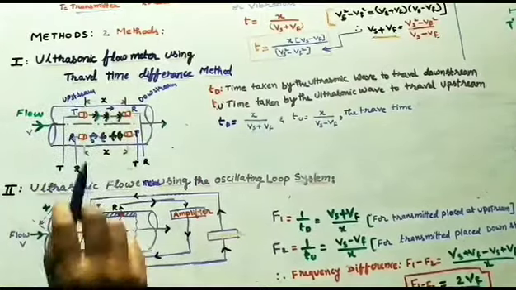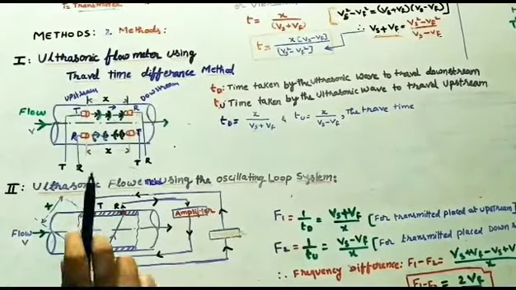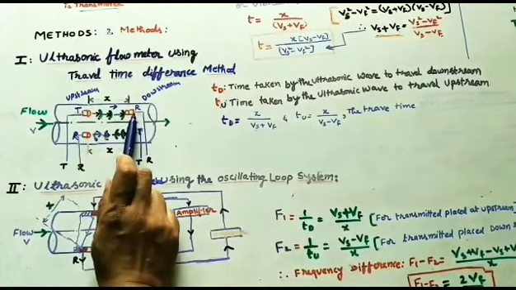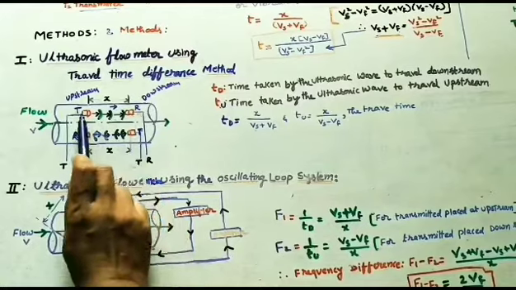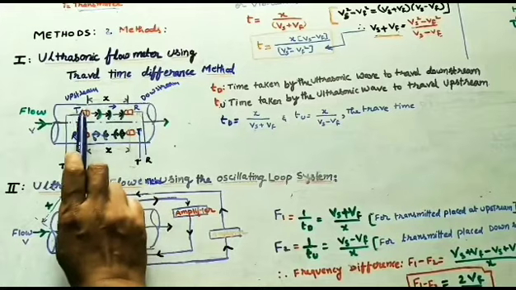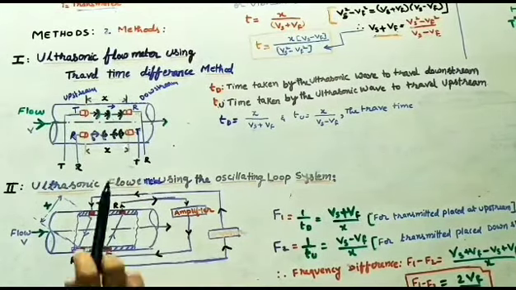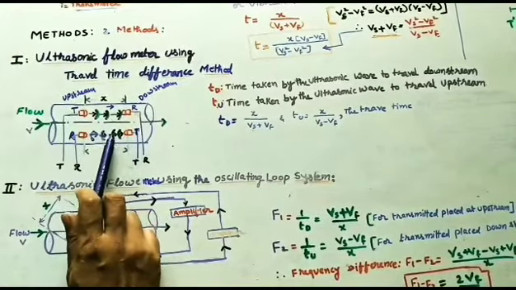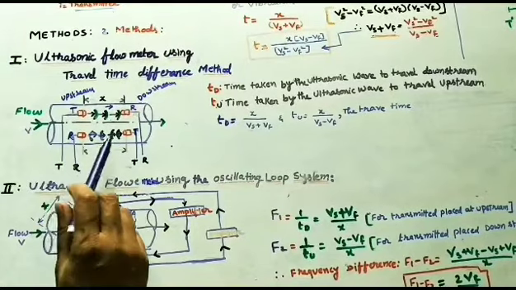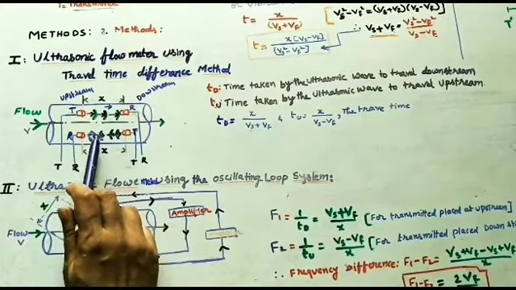Take the first one, the ultrasonic flow meter using travel time difference. In this method, instead of using one set of transmitter and receiver, we are using two sets. One set, T and R, is along the flow direction, and one set is opposite to the flow direction. Flow is in this direction, these arrows are flow, but the waves are in the opposite direction.